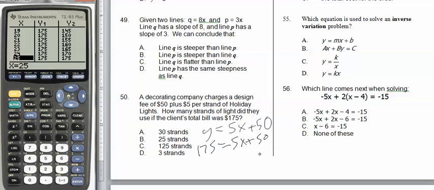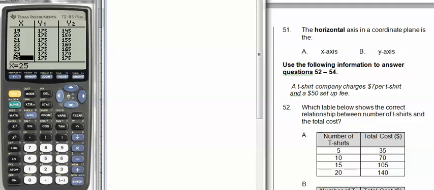If we did this by hand, minus 50, 125, that's 5x, divide both sides by 5, and x equals 125 divided by 5, which is also 25. Alright, for number 51, the coordinate plane, the x-axis and our y-axis. The horizontal one is the flat one, that would be the x-axis.